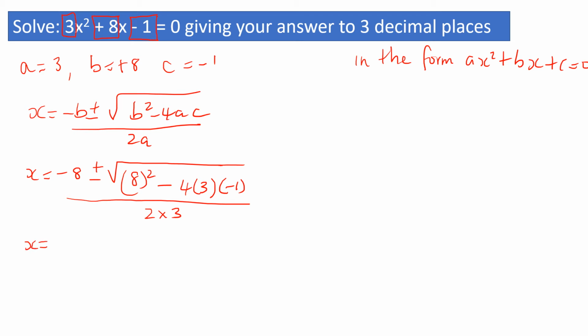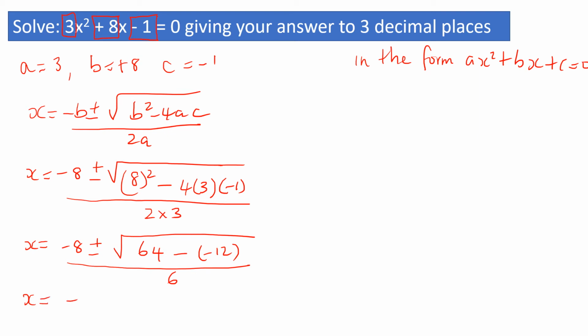X is equal to negative 8 plus or minus the square root. 8 squared is 64, minus 4 threes are 12, by a negative 1 is going to give me a negative 12, all over 6. X is equal to negative 8 plus or minus the square root of 64 plus 12, all over 6.